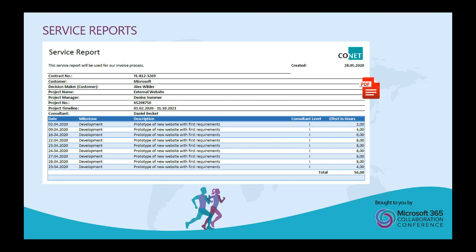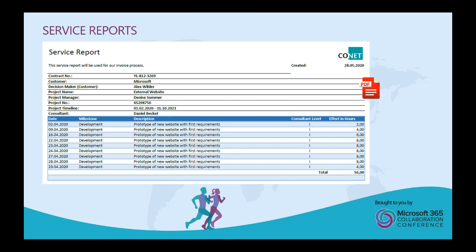So after this, we have a table. And there you have more information. So for every day where the consultant was working for this project, he tells what is the milestone he was working on. We have a description. Then that's more contract relevant, which consultant level he belongs to. So maybe you have different prices for different consultant levels, and the effort in hours.